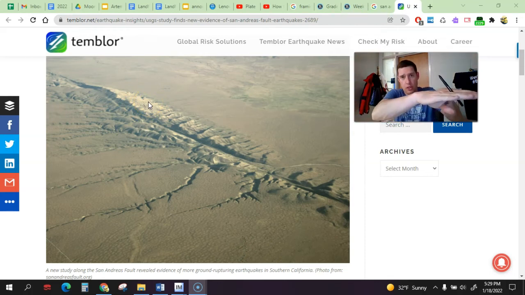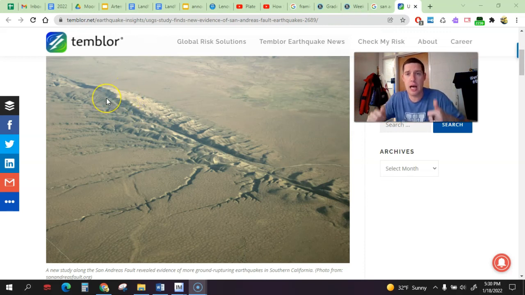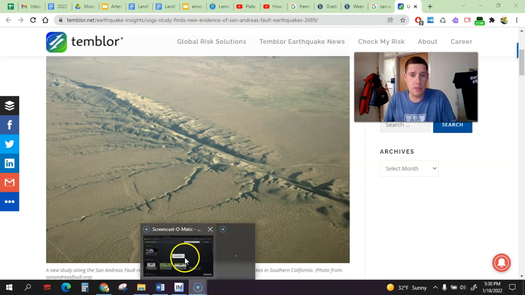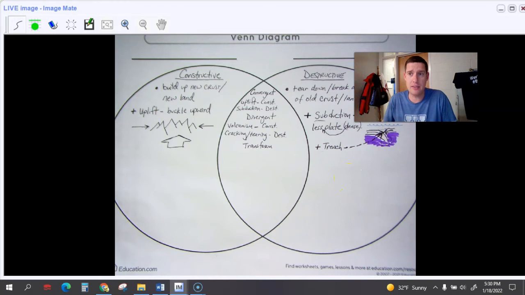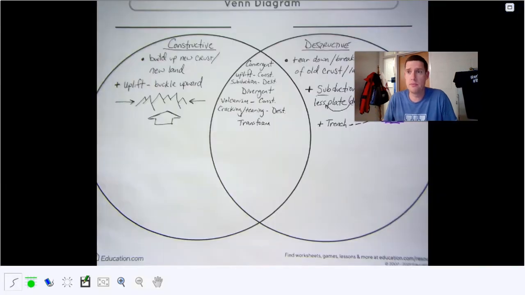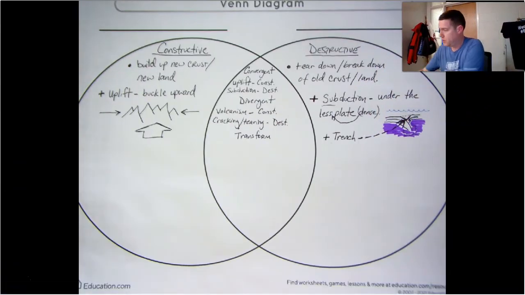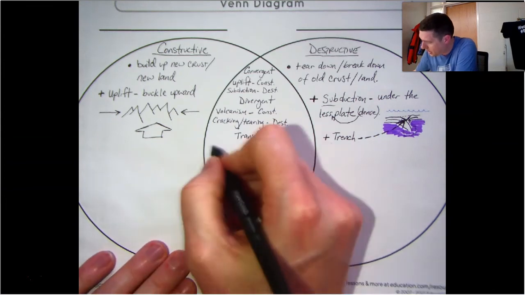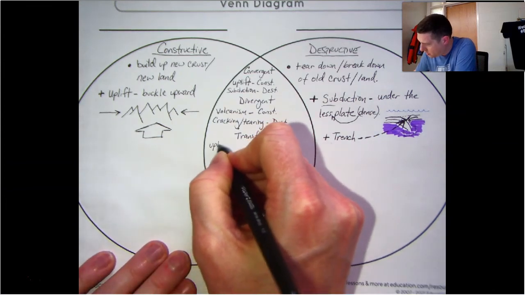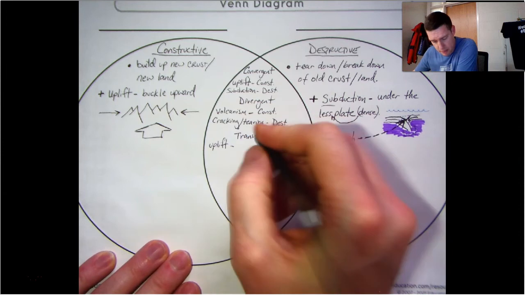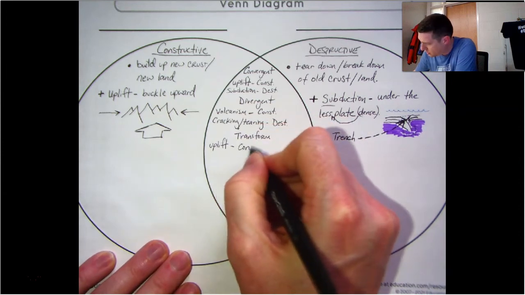So these forces that are stressing and straining these plates in opposite directions are actually having a bit of an uplift effect. It's kind of twisting and buckling either side upward. So at transform boundaries, you can have some uplift, and that definitely is constructive.